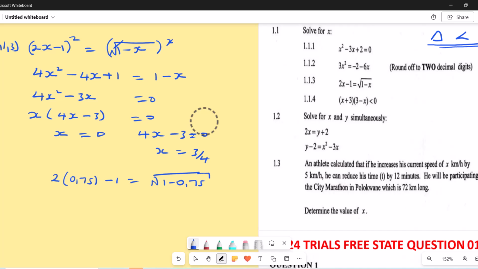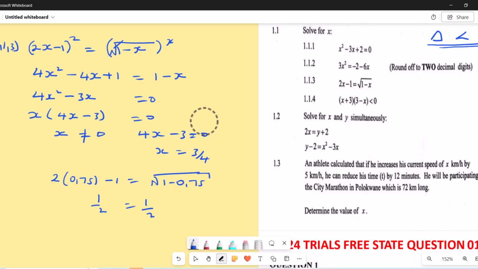On the other side I have the square root of 1 minus 0.75. So 2 times 0.75 minus 1 gives me 1/2. What about this side? The square root of 1 minus 0.75 gives me 1/2. So now this answer is correct, which means I leave it like this because I see the answers are correct.